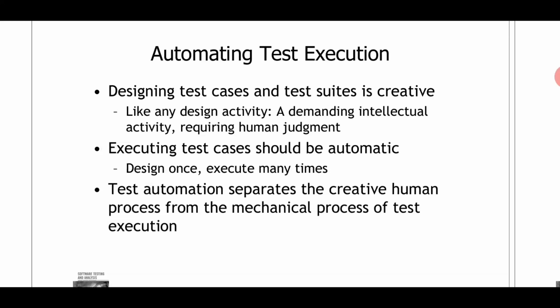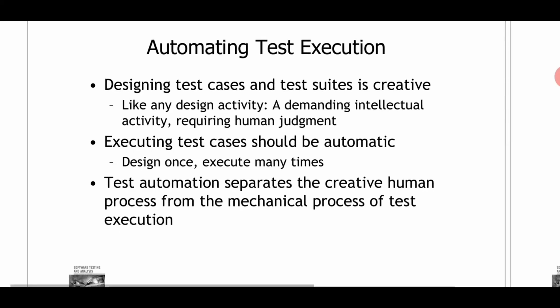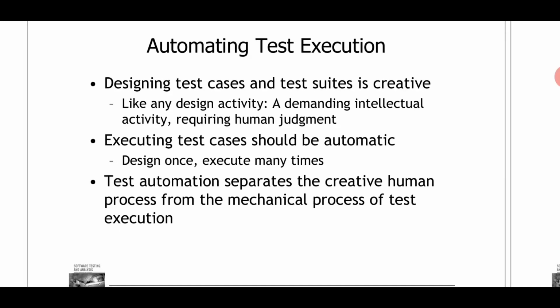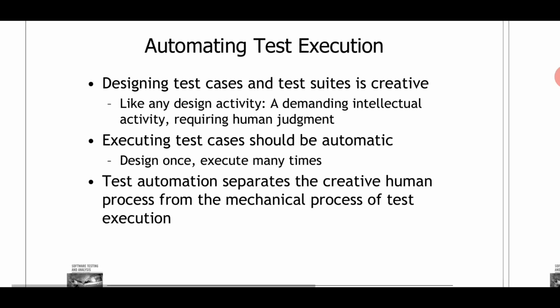While writing scripts, the person may follow different approaches, and while writing programs he will definitely think in a creative way. That is why it separates the creative human from the mechanical process. That is the advantage of automating test execution.